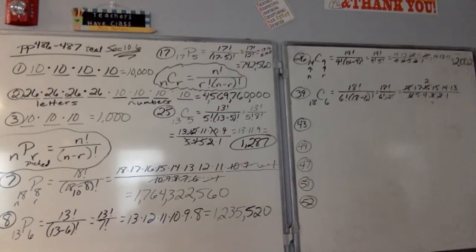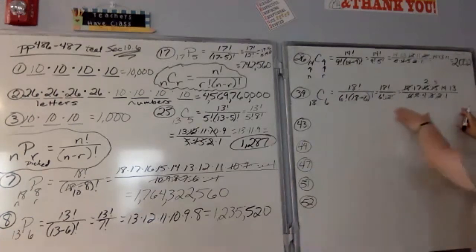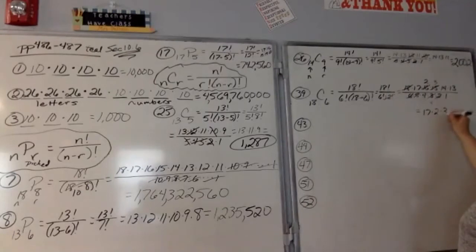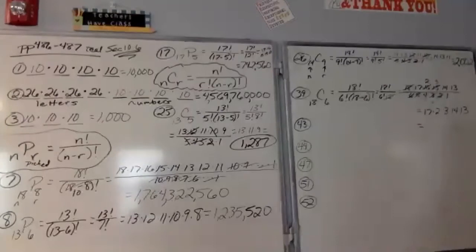Can I do something with the 5? 15. 3 times. So the only thing that I'm left with on the bottom is 1, which is good. You don't have to divide by anything. On the top, I'm left with multiplying 17 times 2 times 3 times 14 times 13, and then getting your answer.